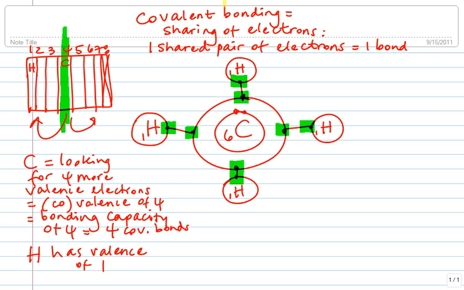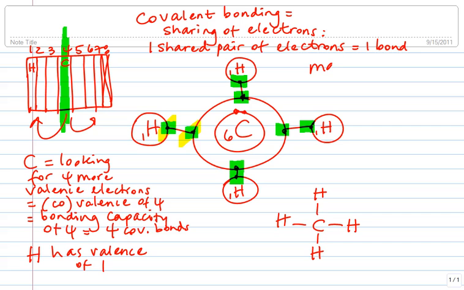Each hydrogen is also very happy because it is looking for a total of 2 for a full outer shell, and so it has access to 2 electrons. So everybody ends up stable and happy. And what you've really done is made 4 covalent bonds total. Each is a shared pair of electrons.